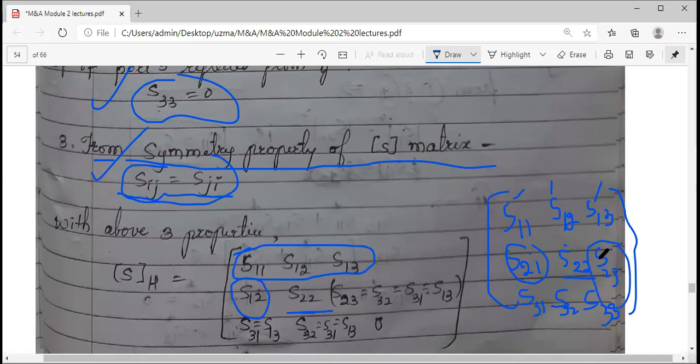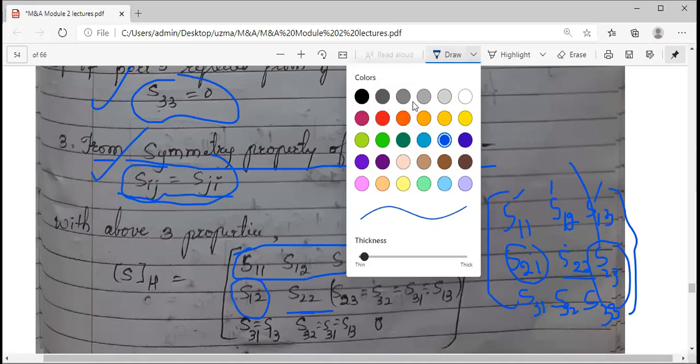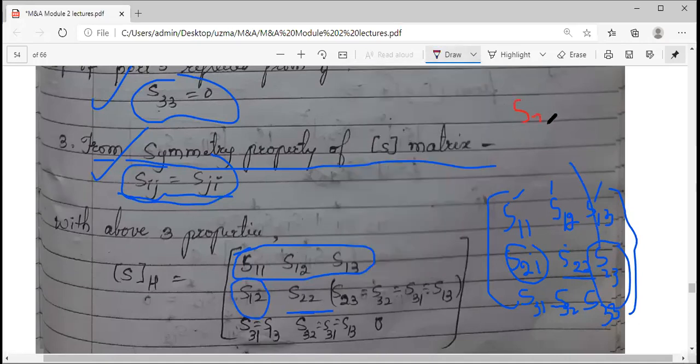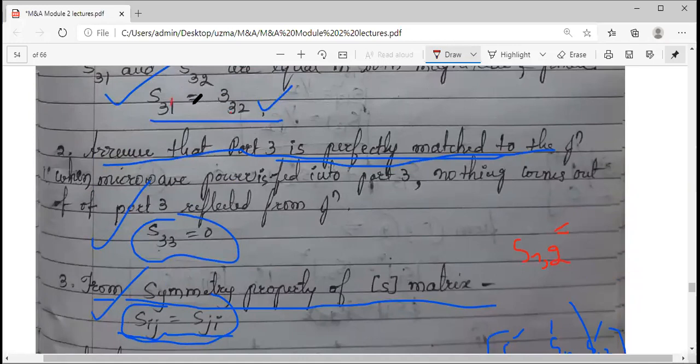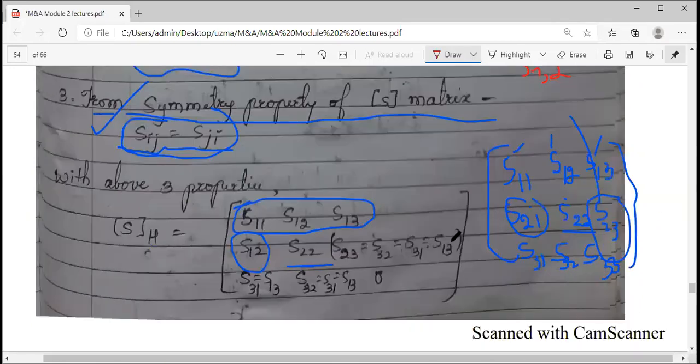What is the symmetric property? S23 is equal to S32 using the symmetry property. But from the first characteristic, S32 is equal to S31. So let me use S31. But again, using the symmetric property, S31 is equal to S13. So I have used S13.